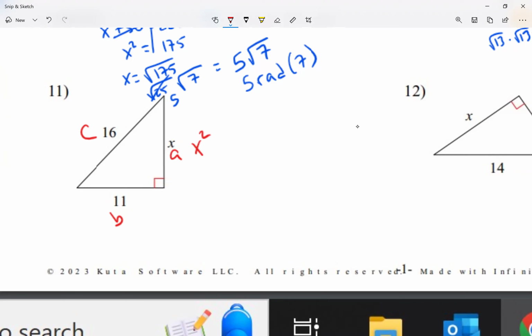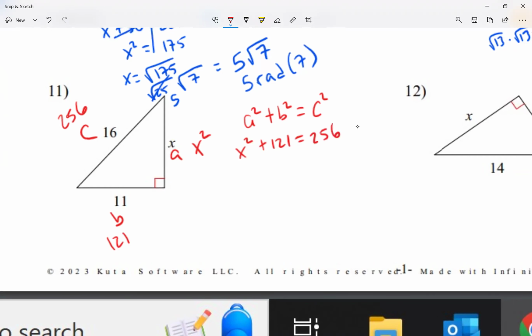Looking at B, 11 times 11, that's gonna give me 121. Looking at C, 16 times 16, that's gonna give me 256. And remember, I have to write A squared plus B squared is equal to C squared. So let me write this as x squared plus 121 is equal to 256.